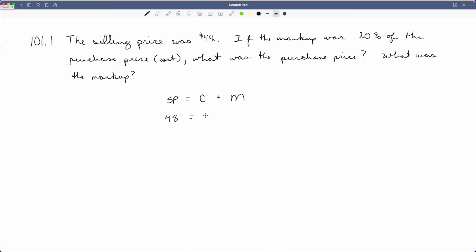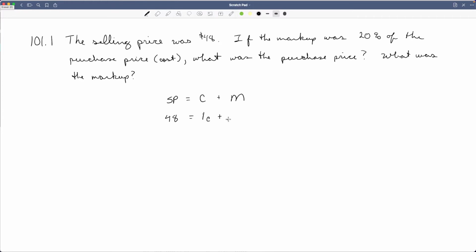So the markup was 20%, and you have the cost. So if we know that the markup is 20% of cost, then we could say cost is 1, and the markup is going to be 20% of this.